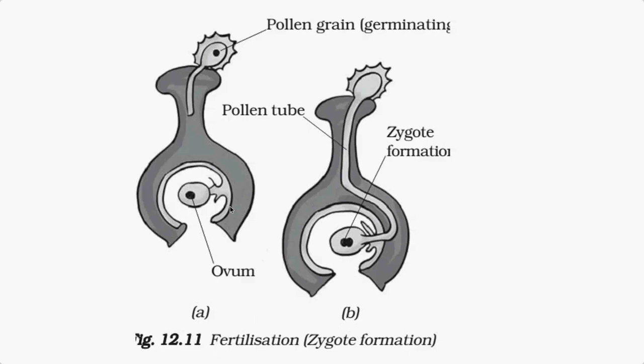Nihara, tell me, Nilavan said that pollen grains on the stigma will develop a pollen tube. The pollen tube reaches the ovary. Then what happens?